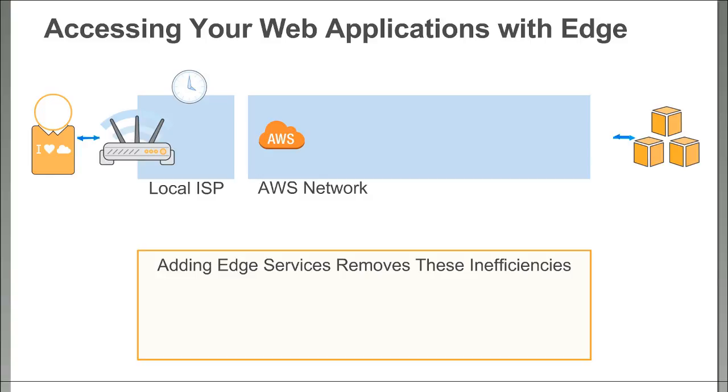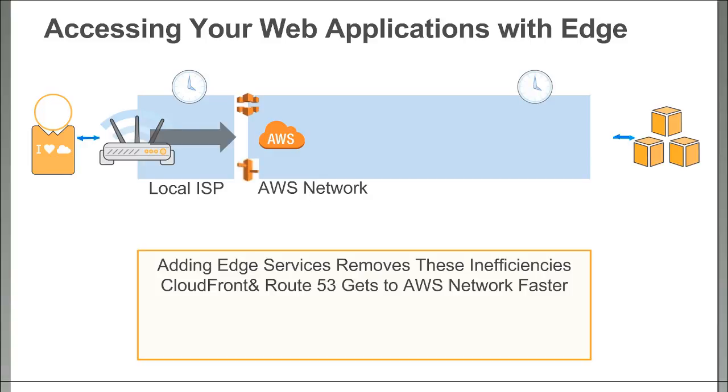So you can see from the animation, we had the AWS cloud actually move a little bit closer to the local ISP, or the closest access point that your end user may have to your application. What happens here is that CloudFront is being used, and also Route 53.